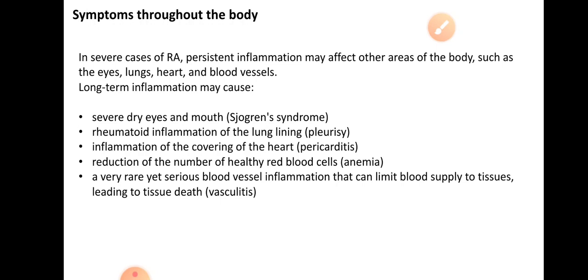Long-term inflammation may cause severe dry eyes and mouth, rheumatoid inflammation of the lung lining, inflammation of the covering of the heart, reduction of the number of healthy red blood cells, and a very rare yet serious blood vessel inflammation that can limit blood supply to tissues, leading to tissue death, called vasculitis. So that is why rheumatoid arthritis is called a systemic disease, because it can affect your entire body.